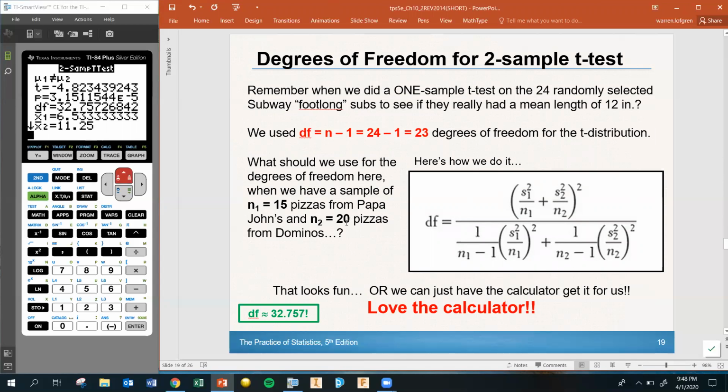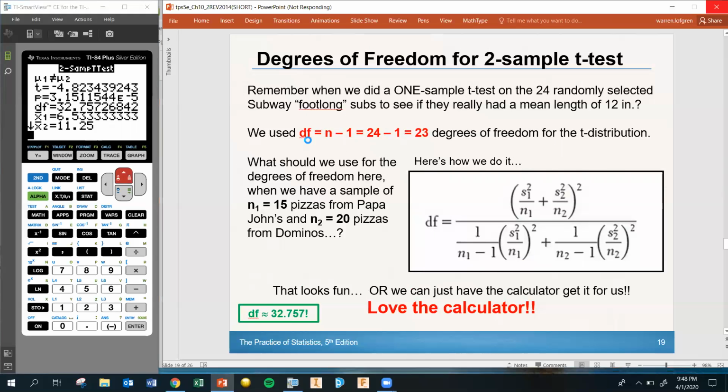So when we do this problem, I would never actually calculate this out. In fact, I will tell you personally, I have never once done this formula because the calculator will do it for you. So I would much rather just have the calculator spit out the degree of freedom to me. So there it is. I'm just going to use that. Just understand your calculator will give you the true degree of freedom there.